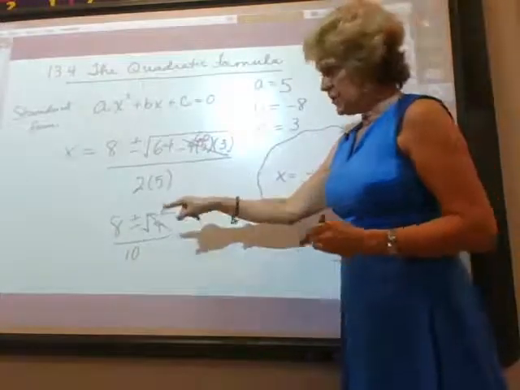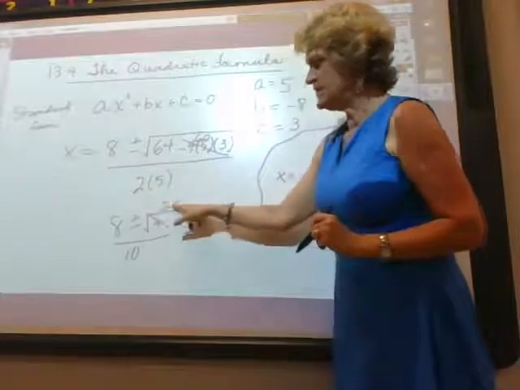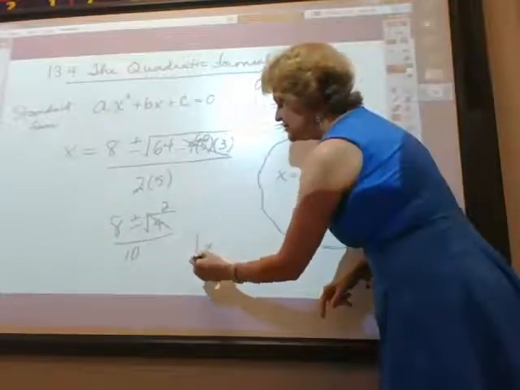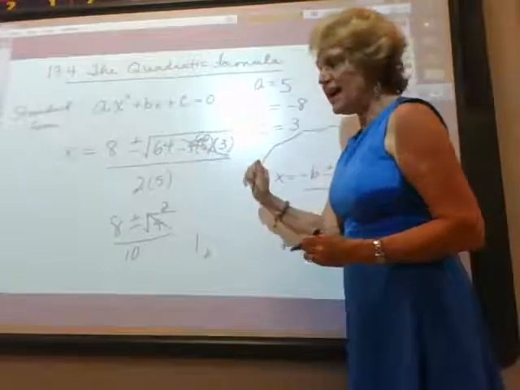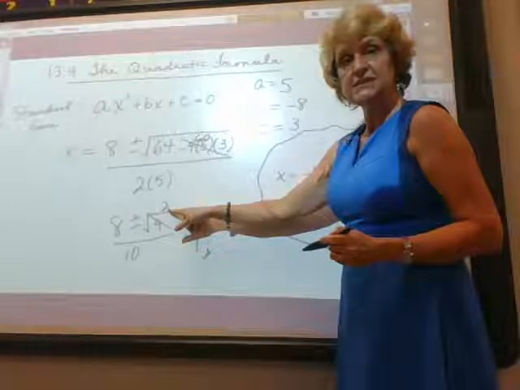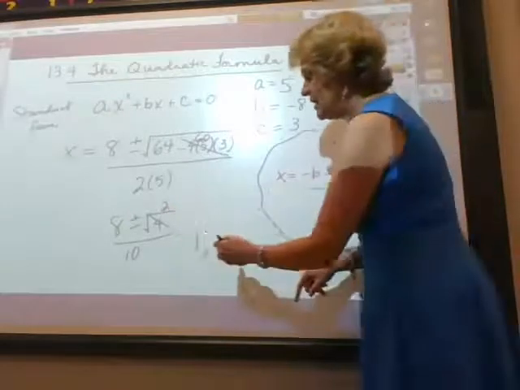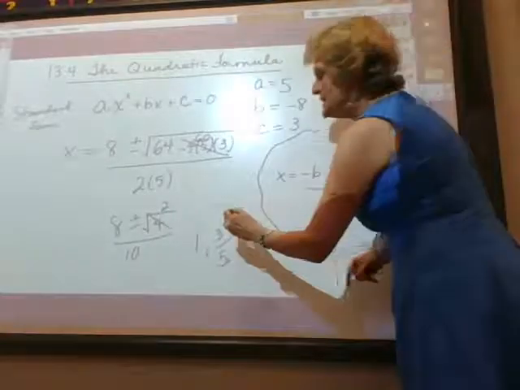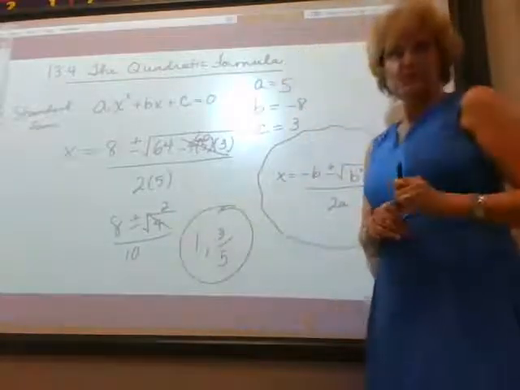Okay, so 8 plus 2 would be 10 over 10. So one solution is 1. The other solution, 8 minus 2, would be 6 over 10, which I would reduce to 3/5. And these are my two solutions.